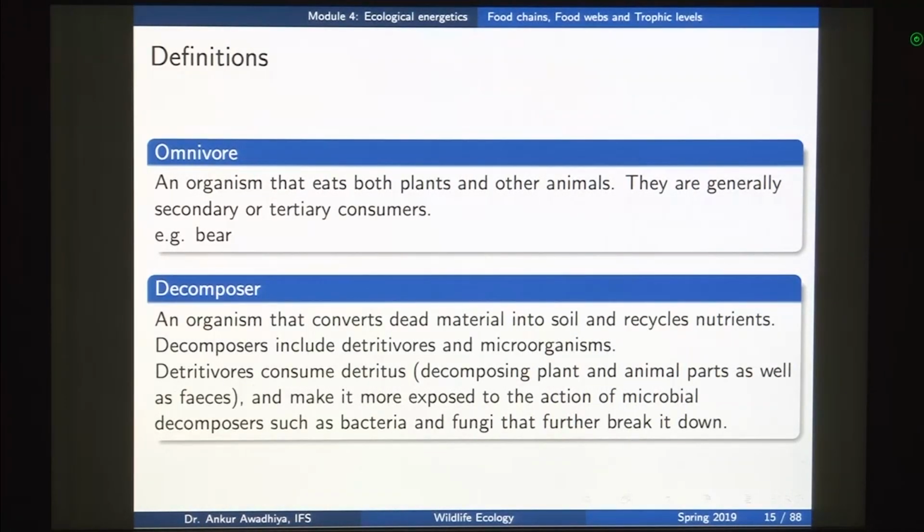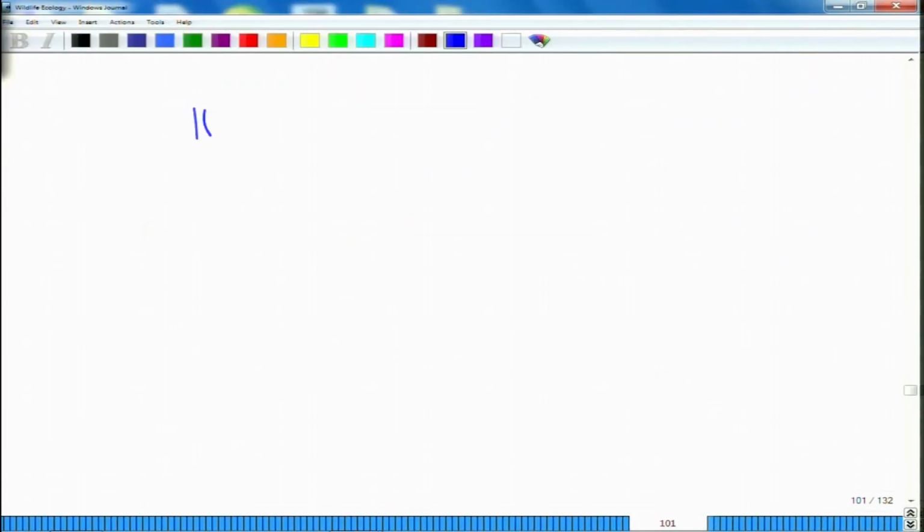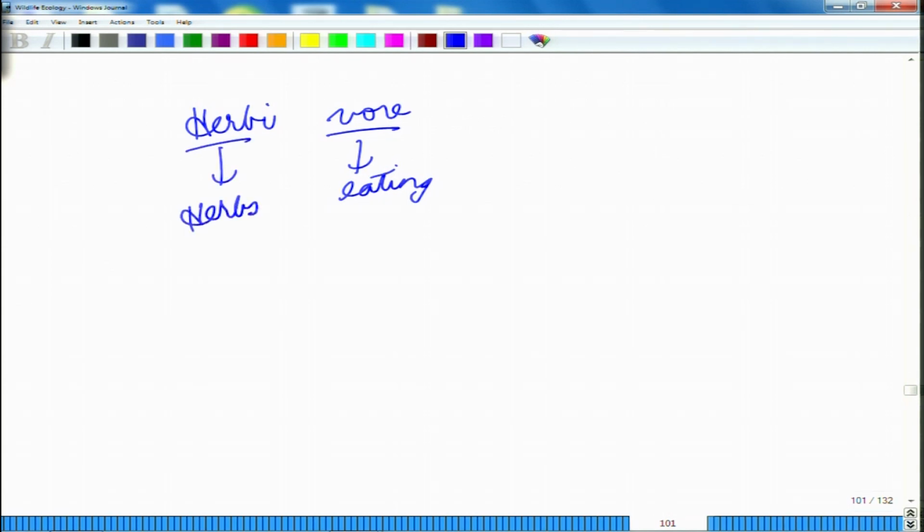Now, detritivore. So, when we say herbivore, vore is eating and herbi is herbs. So, this is an organism that eats herbs or that eats the plants. Carni means flesh.